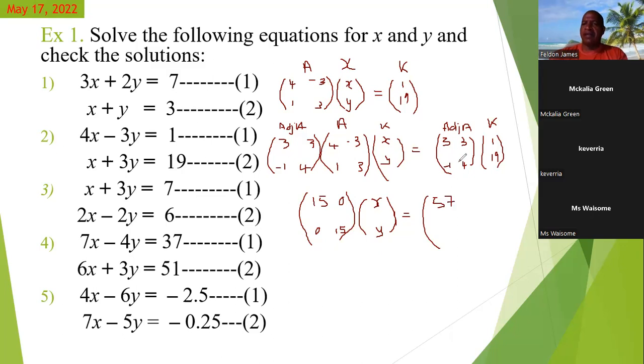And then now we have minus 1 times 1, minus 1, plus 4 times 19, give you how much? 4 times 19 equals 76. You subtract 1, that gives us 75.